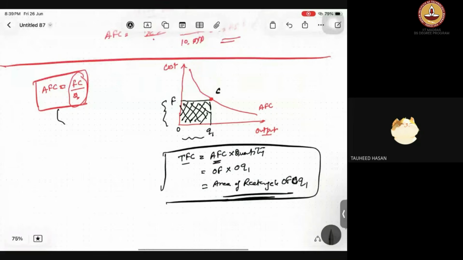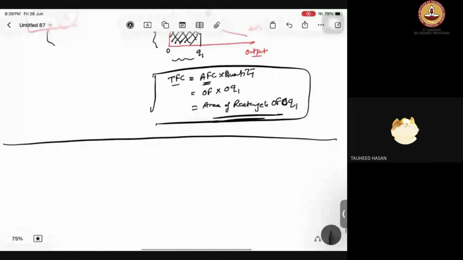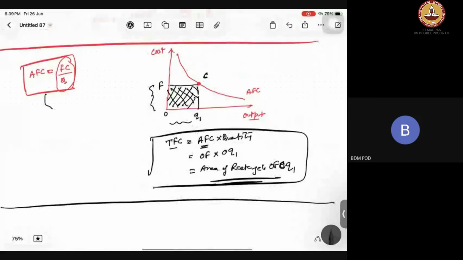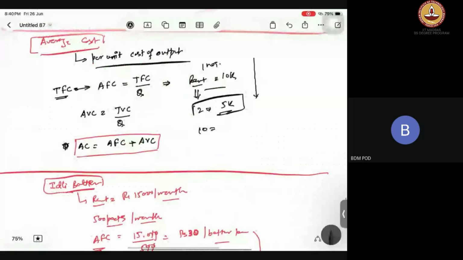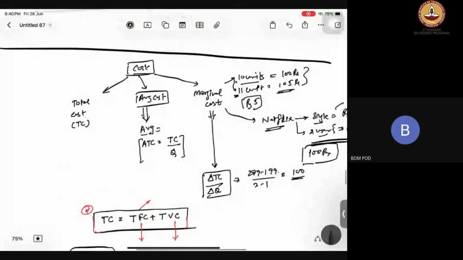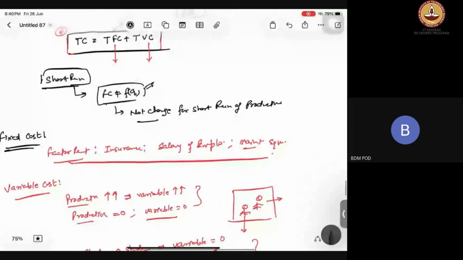Sir, can you explain a bit how TFC and AFC are different? I'm a bit confused. Total fixed cost we have seen here. Total fixed cost is not a function, it's a fixed cost, right?